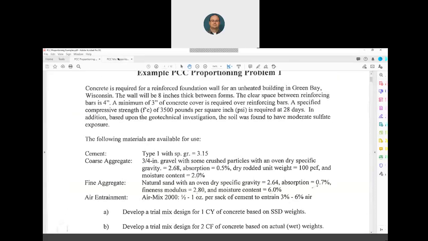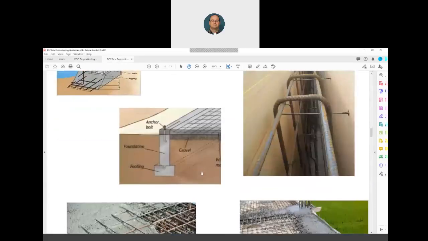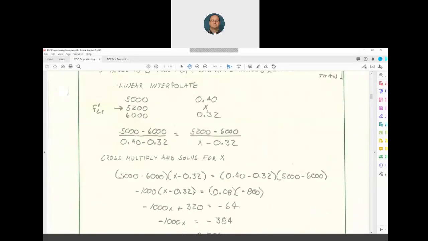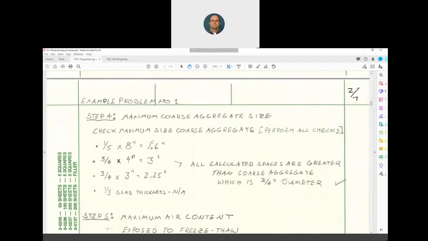So when I do my checks, I'm using 3/4 of an inch, and that is smaller than all of these. If I wanted to choose, I could actually use 1.5 inch nominal aggregate size. See this? This is my smallest number of these, so I can use 1.5 inch nominal aggregate size. That will work in this reinforcement configuration.